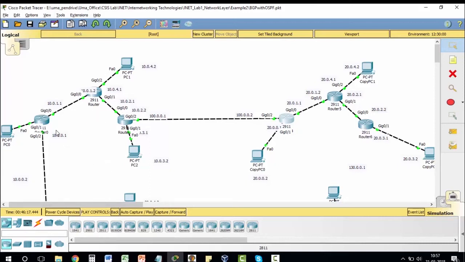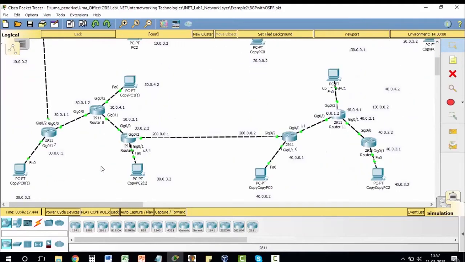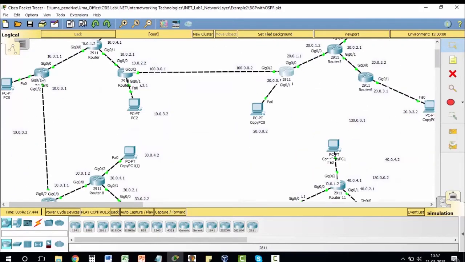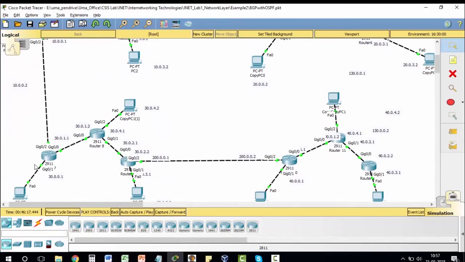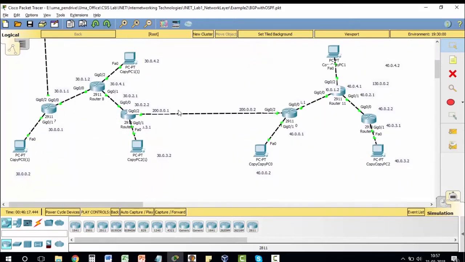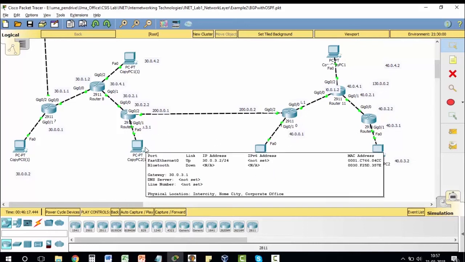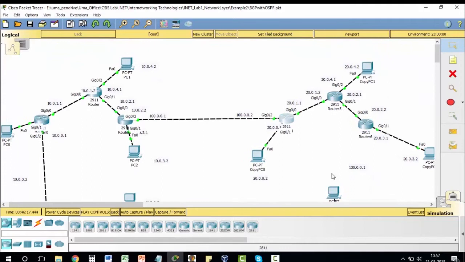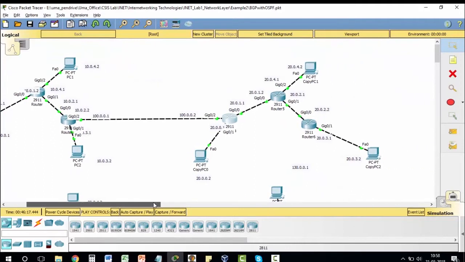Again, in this autonomous system, there are three PCs connected to the routers, and there is a link between one of the routers and the border router of the next autonomous system. These two autonomous systems are similar, with three routers and three PCs connected. The IP address assigned to each port is also mentioned here.